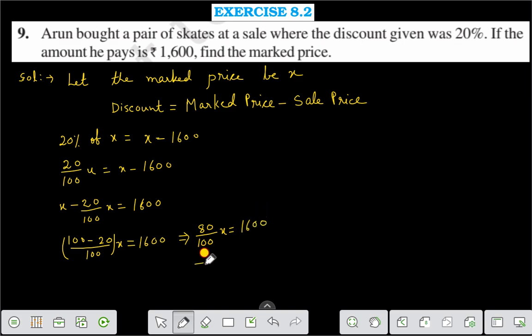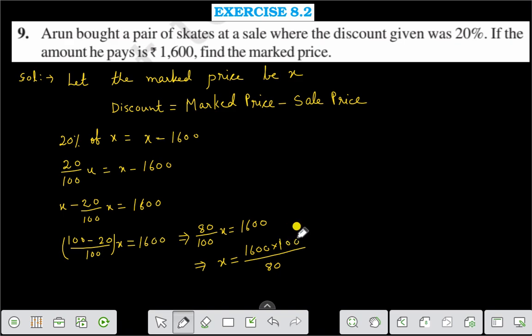Or you can find the value of X as X is equal to 1600 into 100 by 80. This is 100, this one is 100.